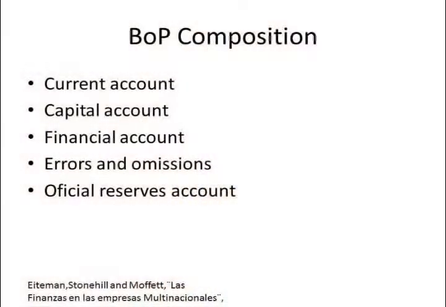The balance of payment composition. Well, the two main accounts are the current account and the capital account. However, there is a new composition of the balance of payments, in which the capital account can be inside the financial account, and there are also the errors and omissions and the official reserves account.